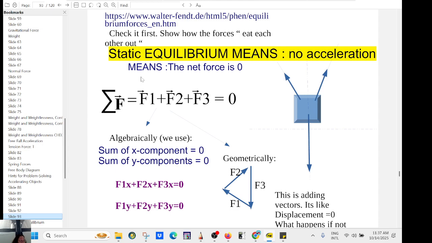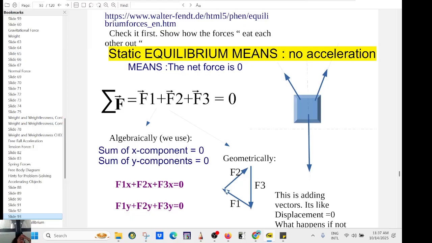Which means when you add the vectors F1, F2, and F3, they cancel each other out. Which means when you add them, it's a vector sum, F1 plus F2 plus F3 equals zero.